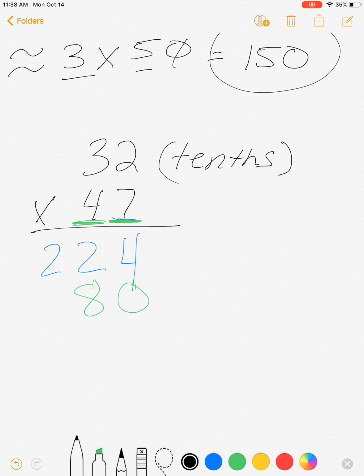It's always good to be able to find your mistakes. I'm going to back it up a little bit and just double check. 7 times 2 is 14. 7 times 3 is 21 plus 1 is 22. Mark that out. Go to the tens place. 4, drop the 0. 4 times 2 is 8. 4 times 3 is 12. There we go.